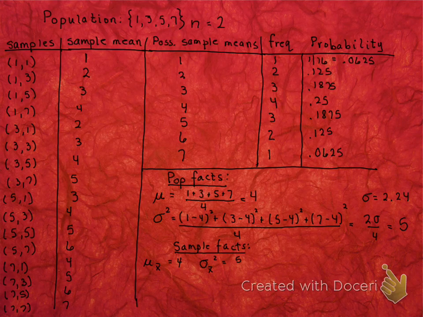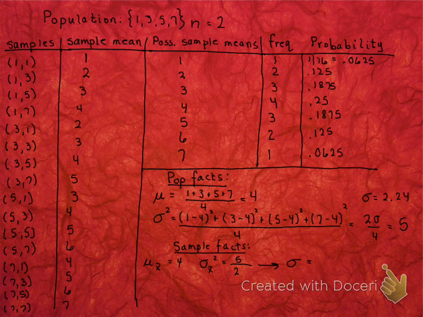But if it did not divide evenly, you'd want to keep it as a fraction. So that number 5 for the variance in the sample comes from the variance in the population. And then we put that over the n that we've got, which if you look up at the top, our n is equal to 2 because we were taking those domain values and grouping them in groups of 2. So the variance is 5 over 2. Therefore, the standard deviation is the square root of that.